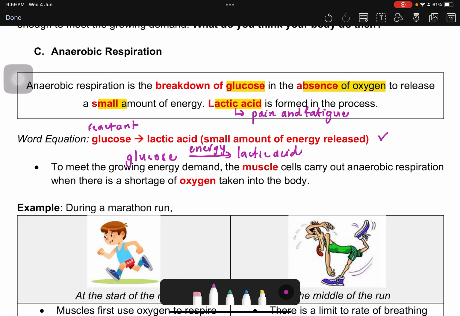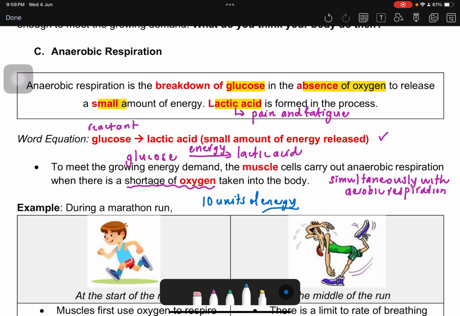And this happens, take note. The muscle cells carry out anaerobic respiration when there is a shortage of oxygen, but it happens simultaneously with aerobic respiration. So imagine your body, aerobic respiration can only give you 10 units of energy.